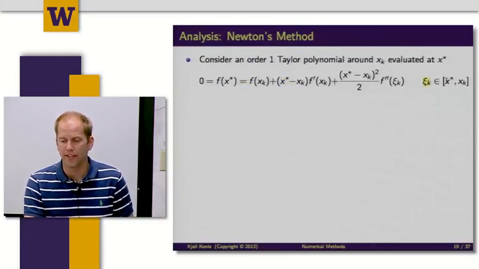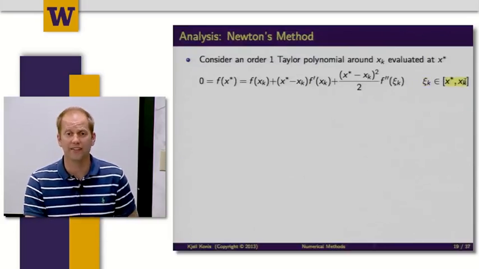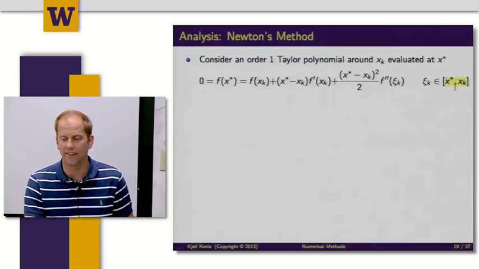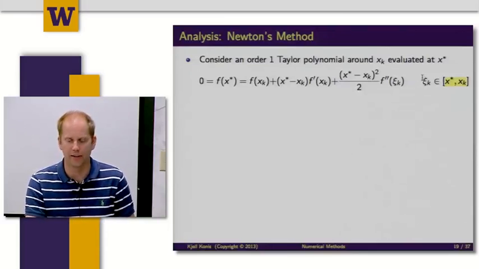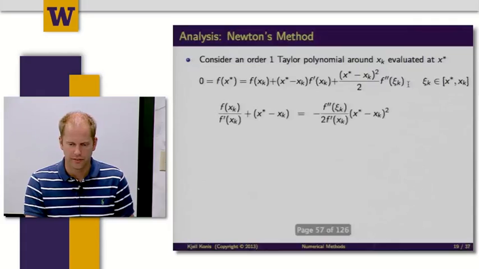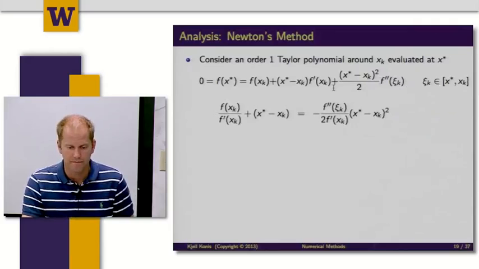So this is some point, and I've drawn this interval in the picture on the last slide. This c just has to be a point in between x star and xk, but I've assumed that xk is greater than x star, just to make the notation a little bit simpler. And what did I do here?